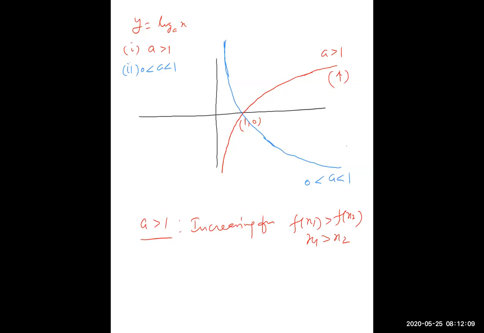So these are known as decreasing functions. This arrow shows a decreasing function. So when a is between 0 and 1, they are decreasing functions. In decreasing functions, if f(x1) is greater than f(x2), then x1 will be less than x2 because they are decreasing functions.